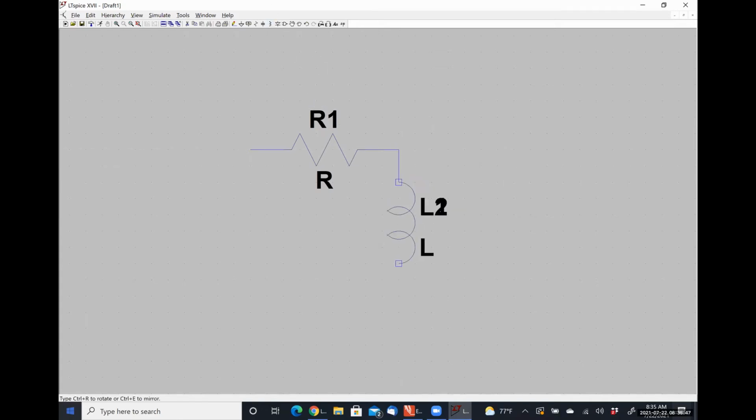So if I wanted to draw my filter circuit, I would literally just put my resistor in series with my capacitor. Let's just move it down here for now.